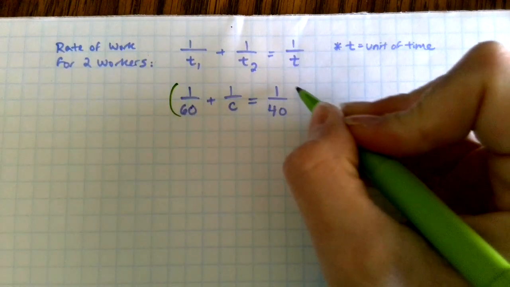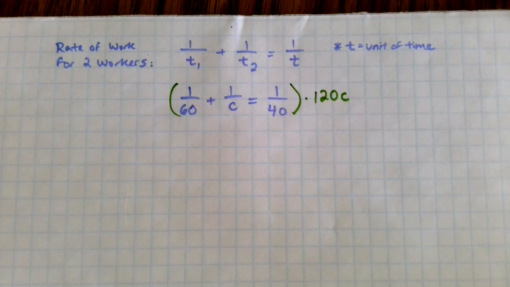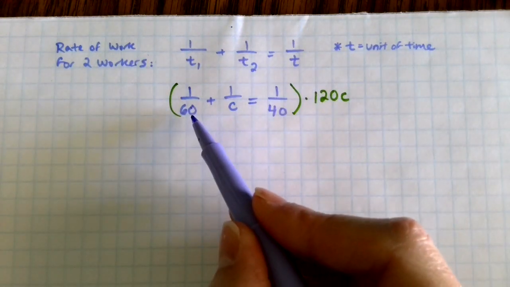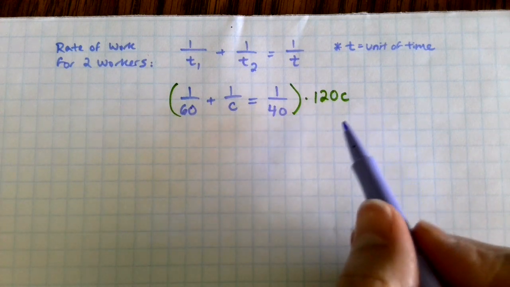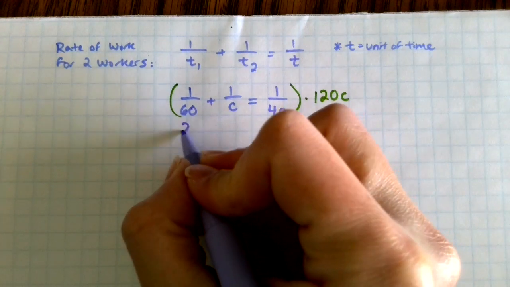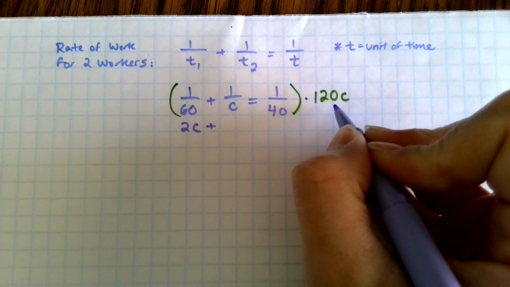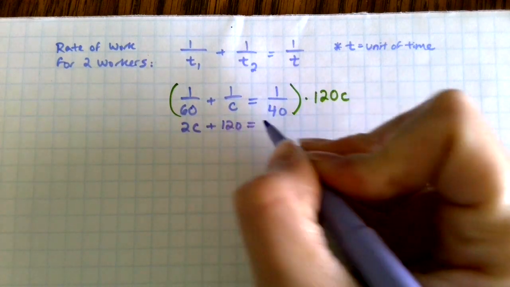I'm going to multiply every single part of this equation by our least common denominator. When I do that, there are parts that cancel. The 1 over 60 times 120c is going to leave me with just 2c. The 1 over c times 120c is going to be just 120.